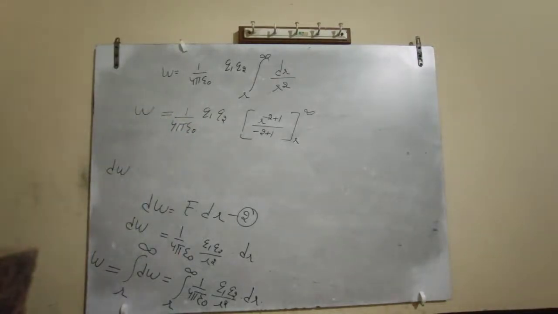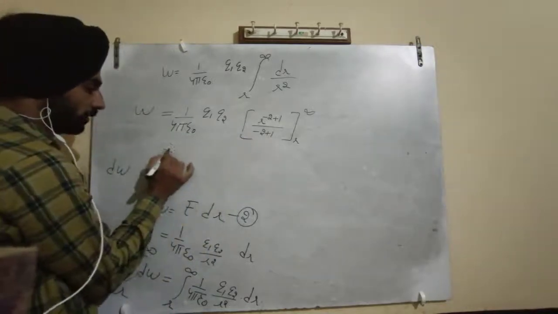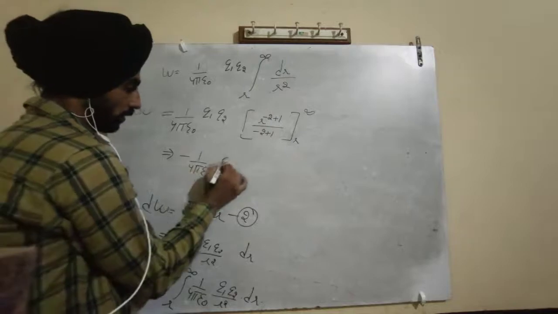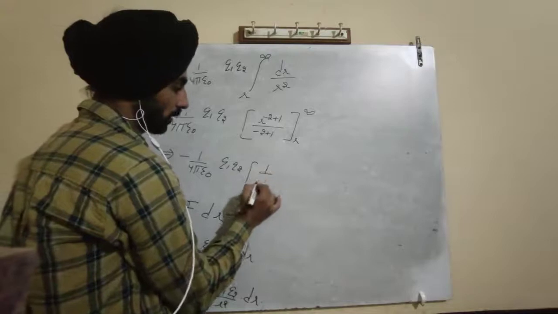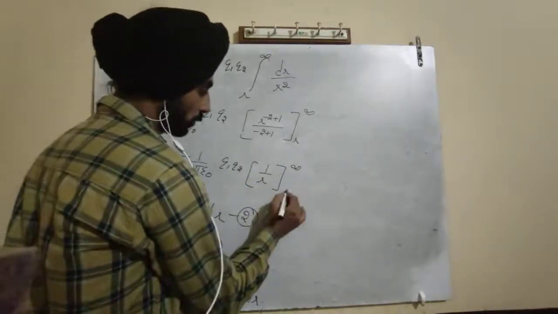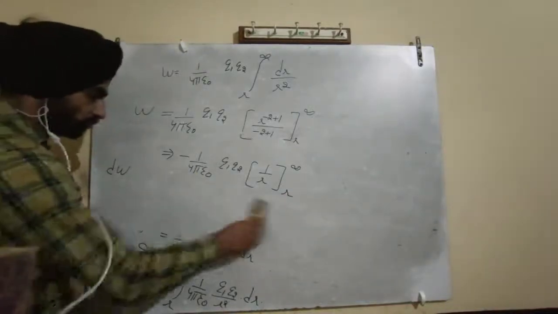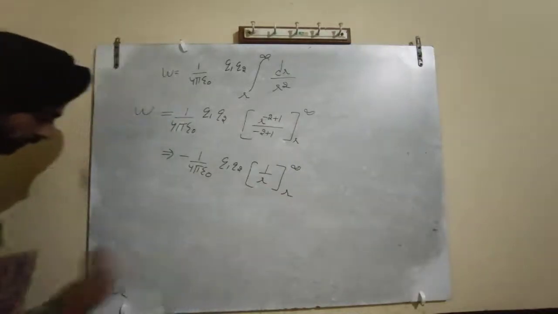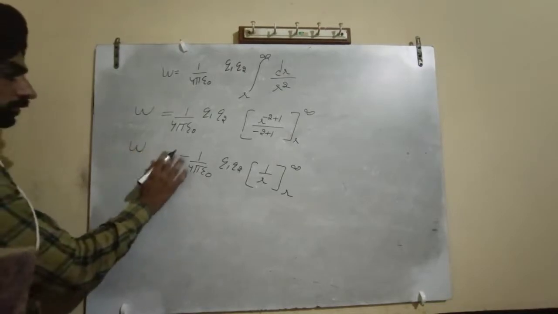Okay. So what will become? It will be negative. Negative will come here: minus 1 upon 4 pi epsilon naught q1 q2. R to the power minus 1 means 1 upon r, from infinity up to r. So this will be the complete work done now. Mark it like this.